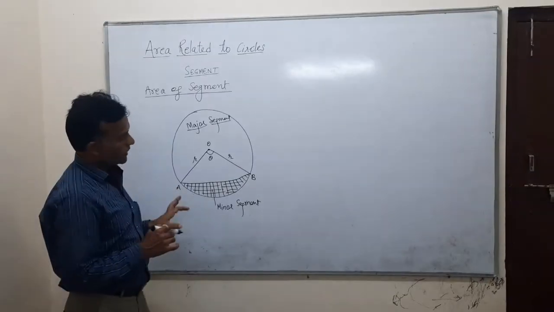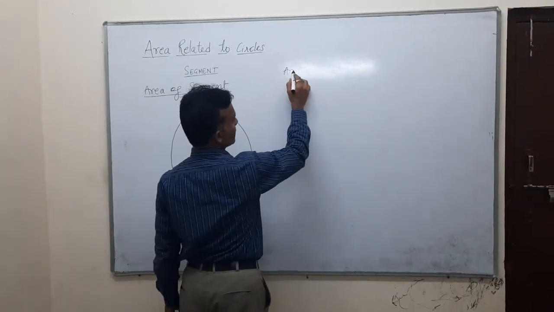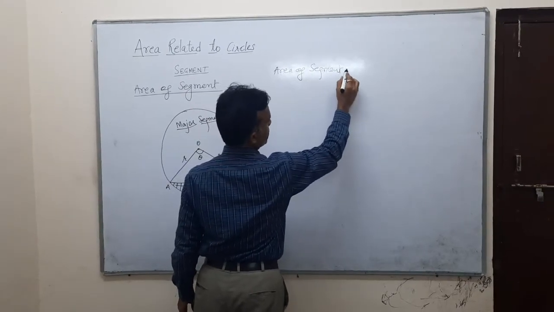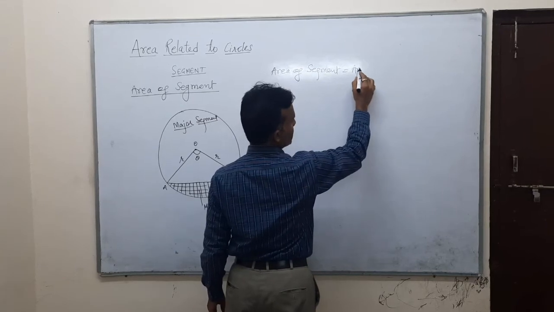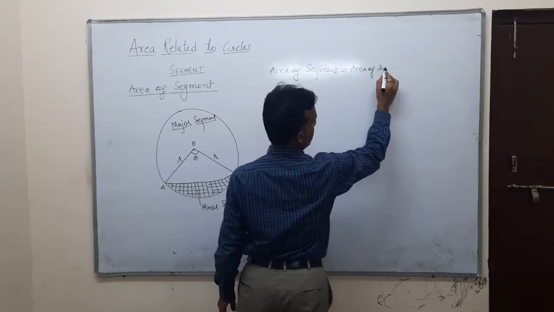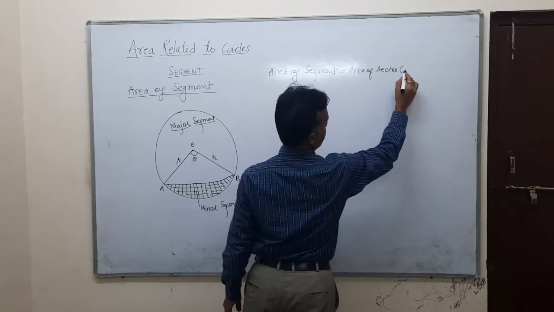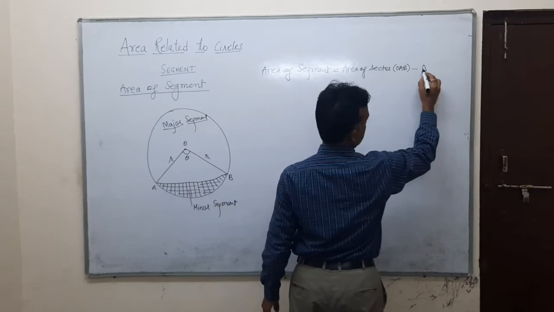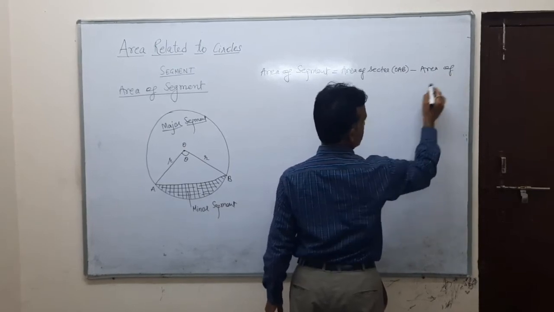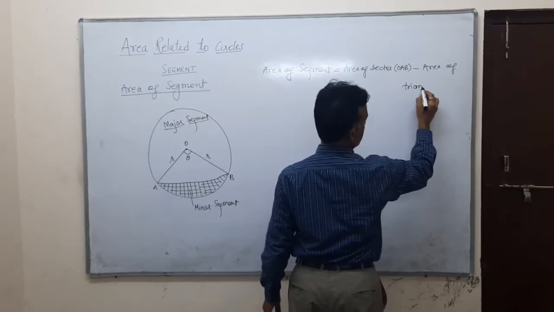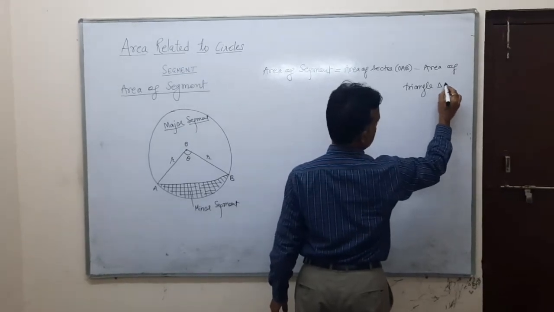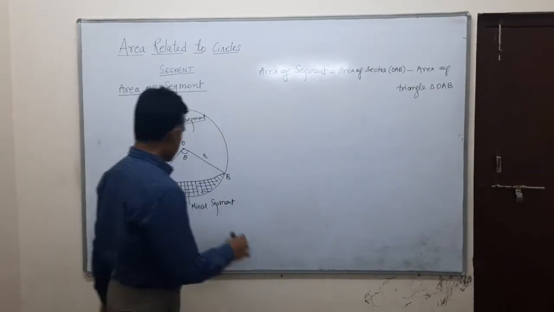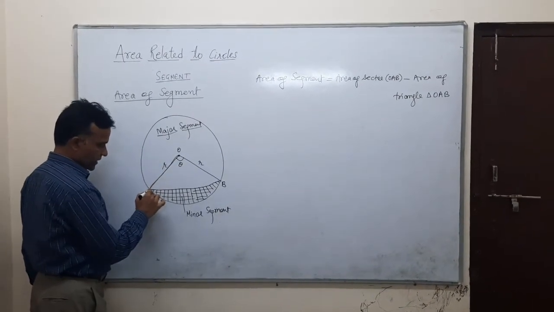So now you find the area of the segment, which is equal to the area of sector OAB minus the area of the triangle. The triangle is again OAB, making angle theta here.